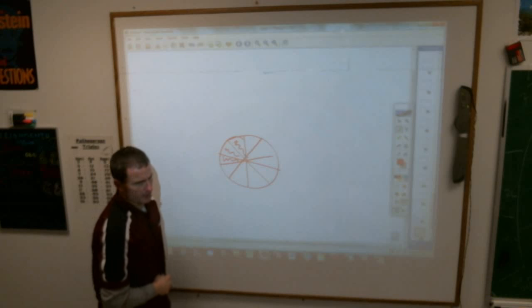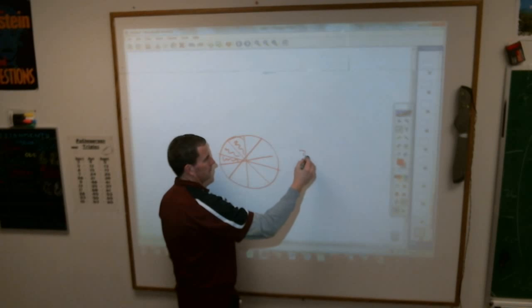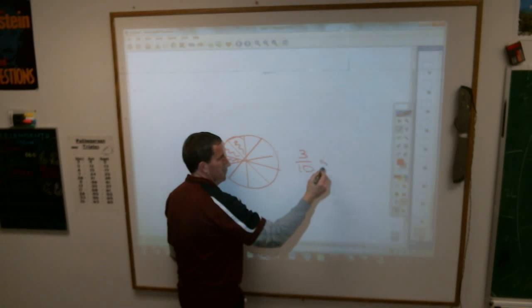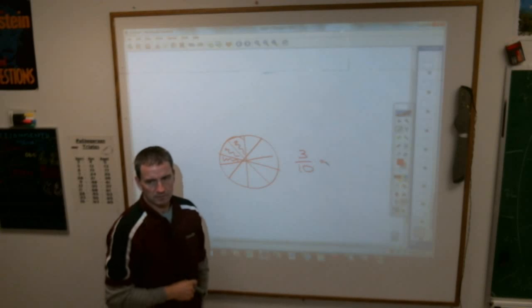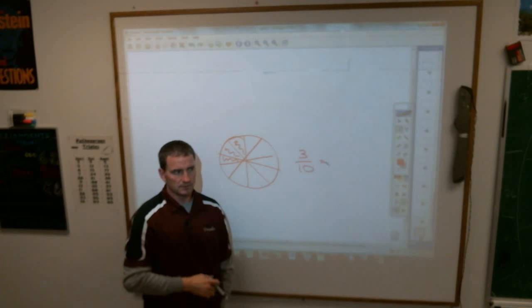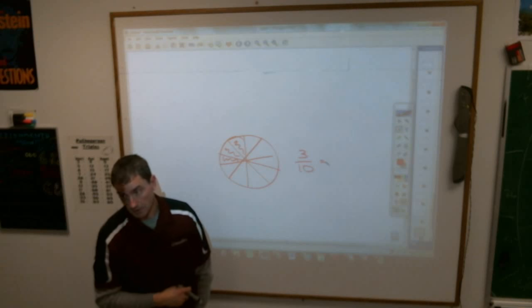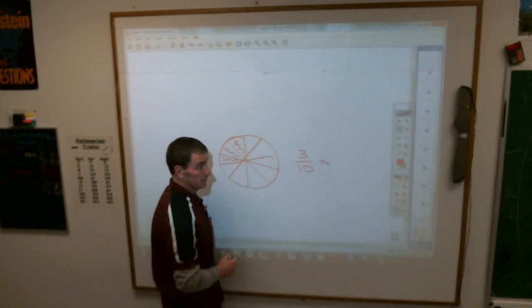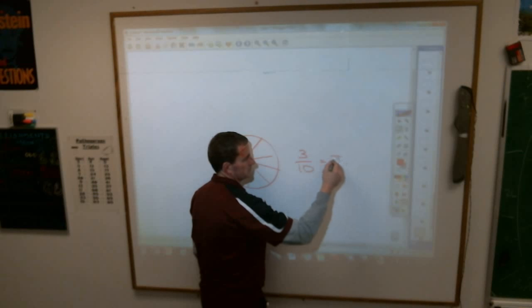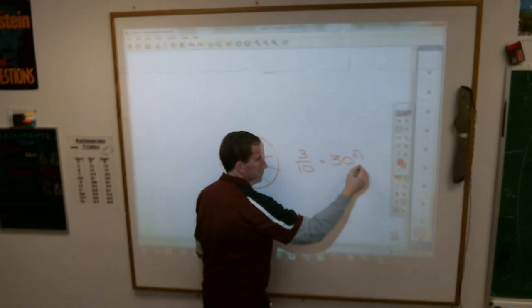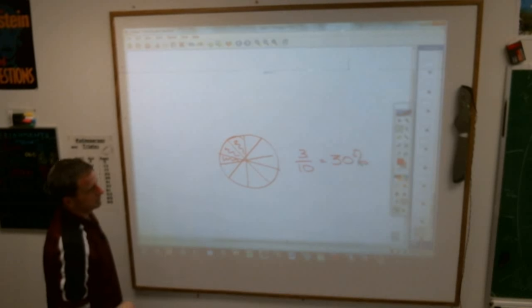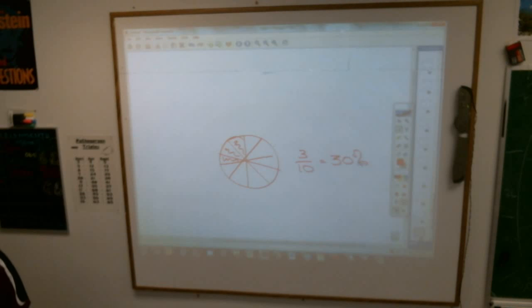What fraction do you have? 3/10. And what is 3/10 as a percent? If you're struggling, if 1/10 is 10%, then 3 of the tenths would be 30%. Again, seeing the connection between all of those.